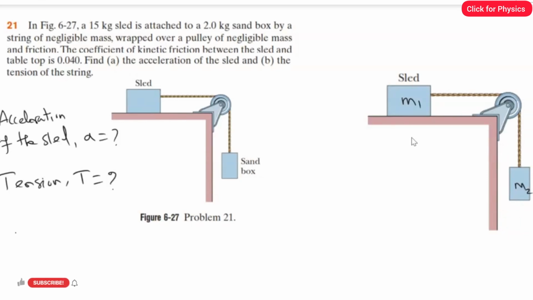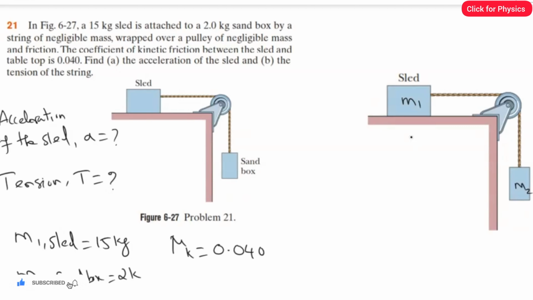This mass M1, which is the sled mass, is equal to 15 kilogram, and M2, which is the sandbox mass, is 2 kilogram. Clear? Now we have to draw the free body diagram, and the kinetic coefficient value mu k is given as 0.040. So let's draw the free body diagram for this figure.